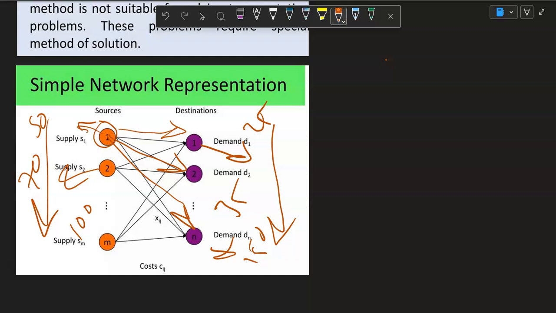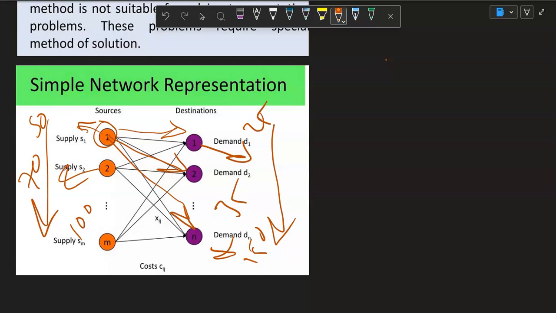How much will it cost you to supply from destination 1 to destination N? Okay, and basically you prioritize those that give you the lowest cost, and then later on go to those that have a higher cost of supply.